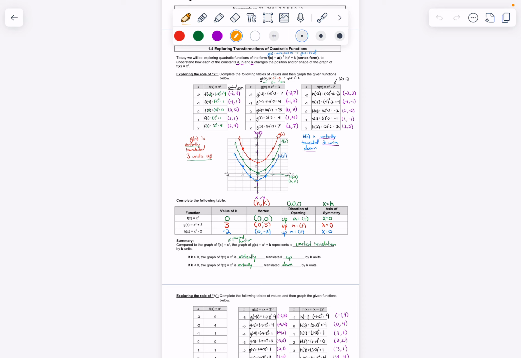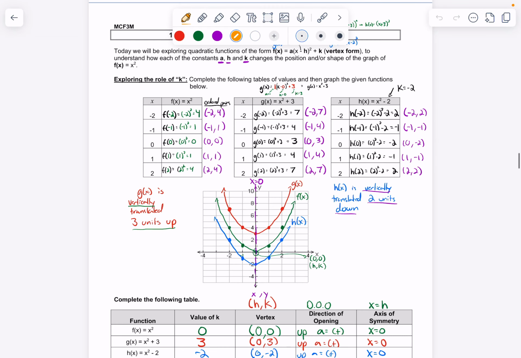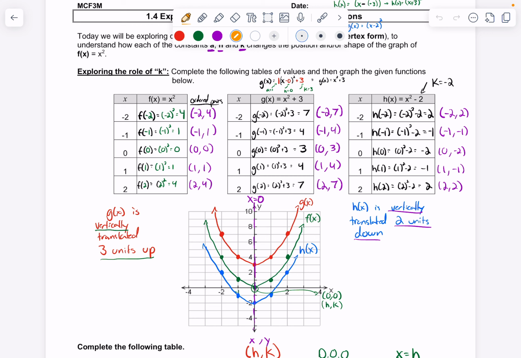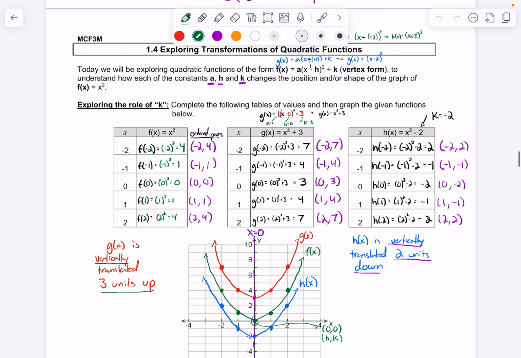But yeah, when we took up lesson 1.4 on Friday, we were talking about transformations. The first one we covered was the vertical translation, so this K right here was the vertical.